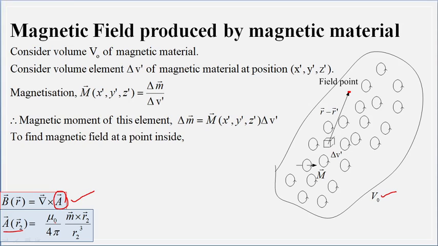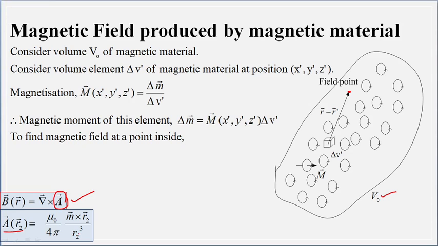We'll use this formula from the first chapter: mu naught by 4 pi, vector m cross vector R2 divided by R2 cubed. Vector m is the magnetic moment. Now this R2 is the distance of that point from that atomic current.